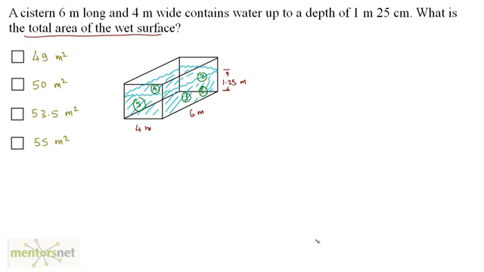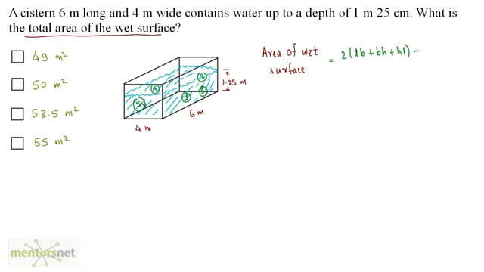Well, what we can do is first calculate the total surface area of this tank, that means of this cuboid, and then subtract from that the area of the top surface, because there is no top surface, right? This tank is open. So the area of wet surface is equal to the total surface area of the cuboid minus the area of the top surface.